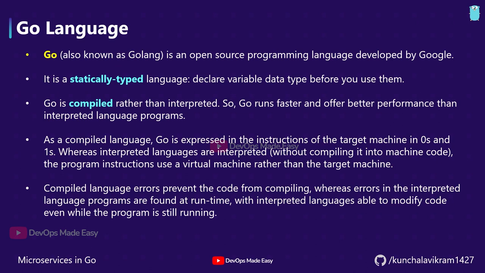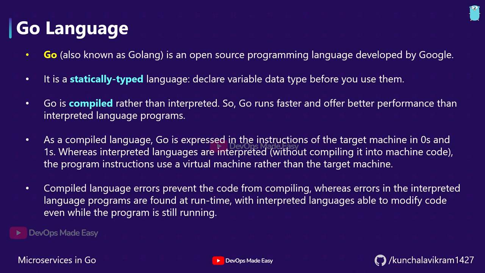So this is the difference between compiled language and the interpreter based languages, and Go is a compiled one. And also compiled languages generally prevent errors during the compilation stage itself, but in case of interpreter based languages, these errors will be detected at the runtime.